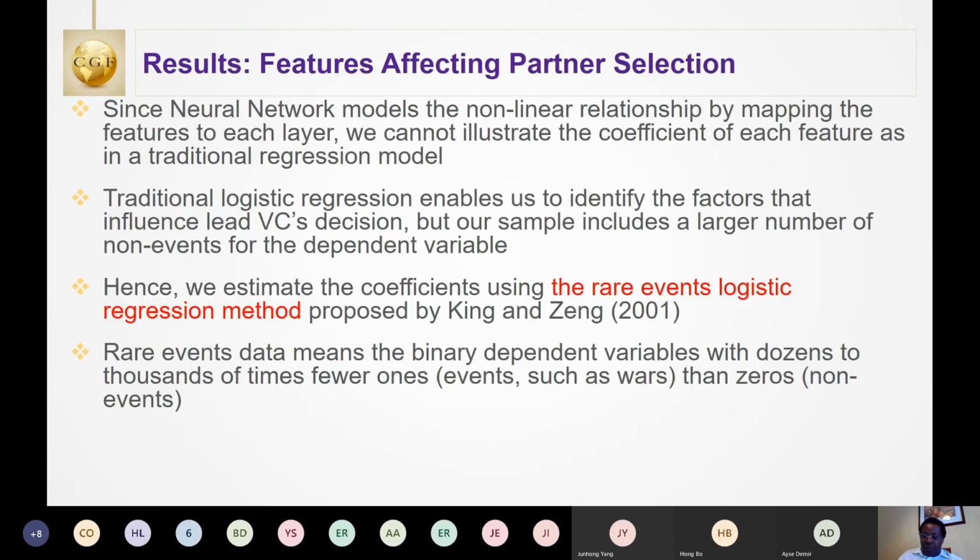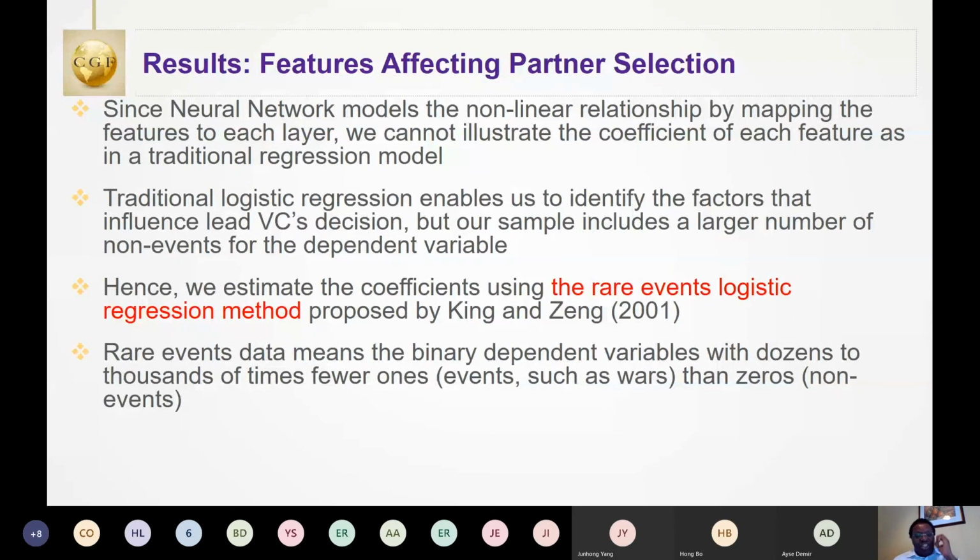Now, I just want to make an observation that the neural network models we have used are able to give projections for lead venture capital in the selection of the partner VC. It captures all the mappings. However, it has one limitation.